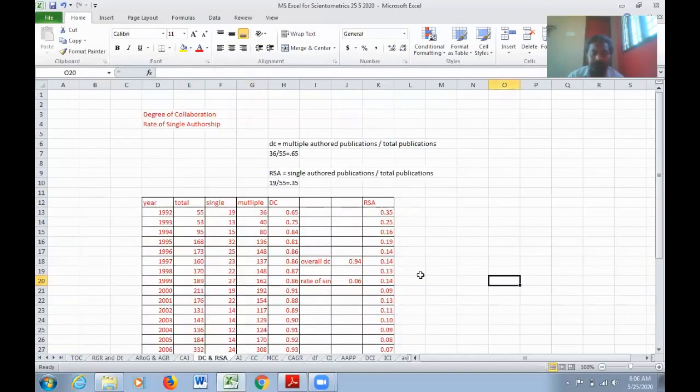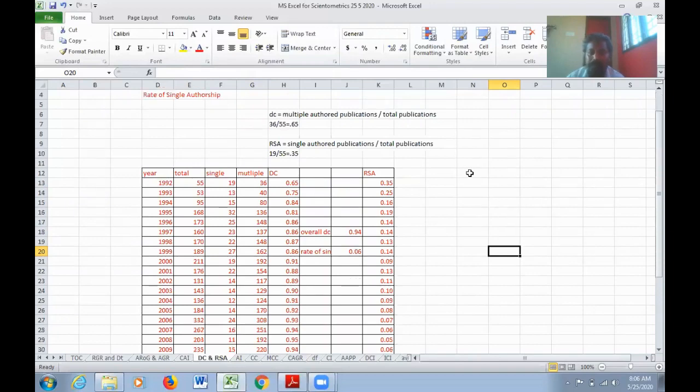Then comes degree of collaboration and rate of single authorship. See, degree of collaboration is equal to multiple authored publications divided by total publications. Right. So if we take how many multiple papers are published in a particular year, divided by how many papers are published in that year.